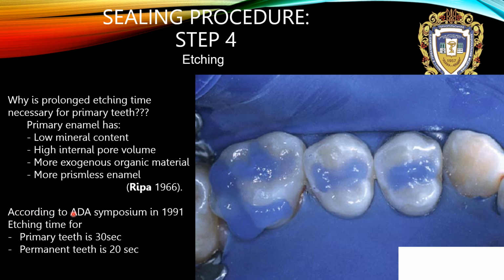And according to the American Dental Association Symposium in 1991, etching time for primary teeth must be 30 seconds, and for permanent teeth 20 seconds.